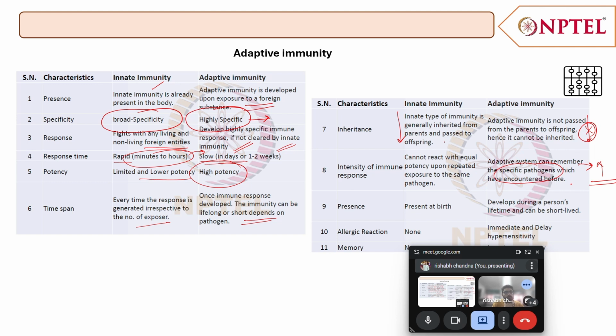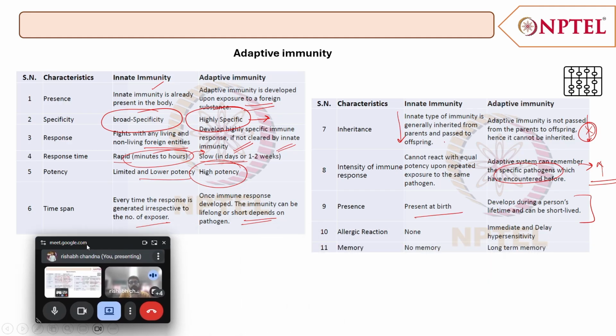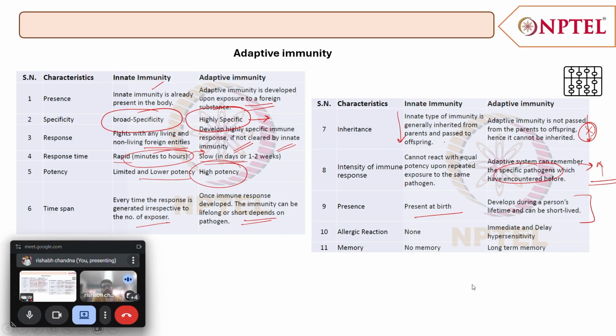Then presence: innate immunity is present at the time of birth, while adaptive immunity develops as the person starts growing, and it can be short lived. For allergic reactions, there are none associated with innate immunity, but in adaptive immunity there can be, and there can be immediate or delayed hypersensitivity.